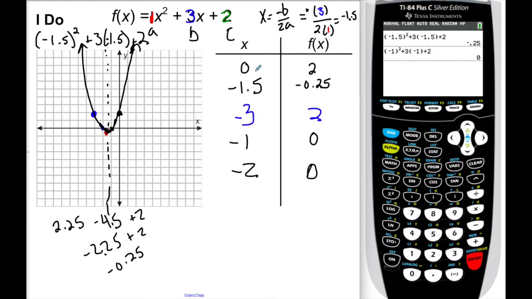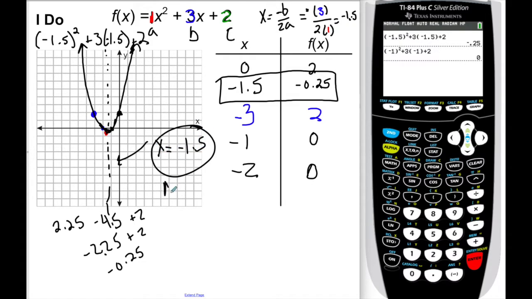And there we go. 5 points, including the vertex. And notice this axis of symmetry, x equals negative 1.5. That is the axis of symmetry.